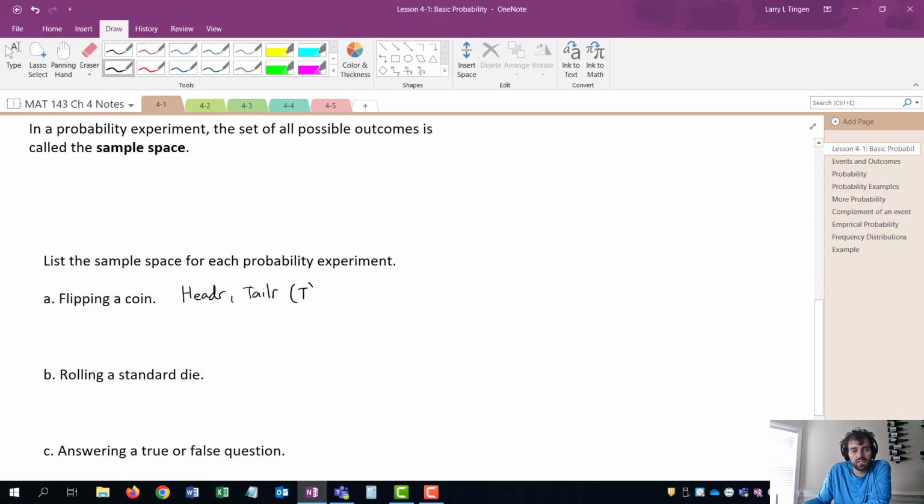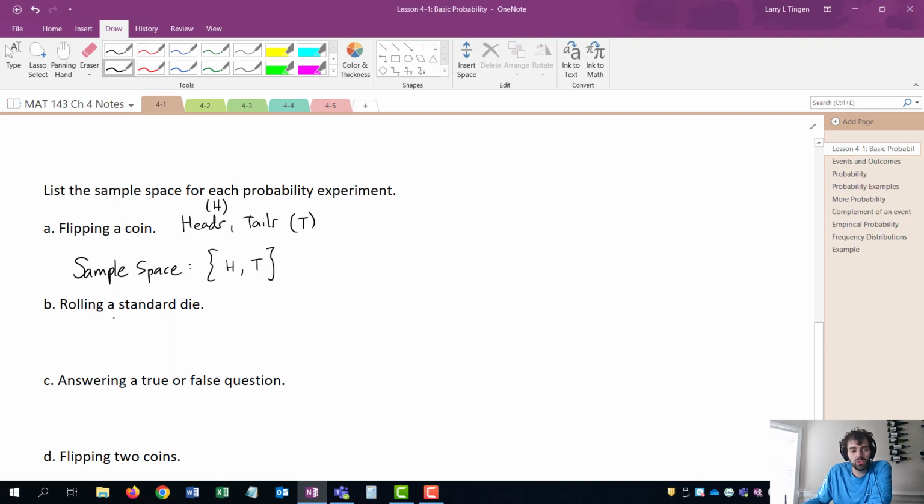We'll represent tails with a capital T and heads with a capital H, and my sample space, like I said, is a set. We're going to list all the possible elements. So this is a curly brace. One outcome is heads, one outcome is tails. And that's it. So we close our curly braces.